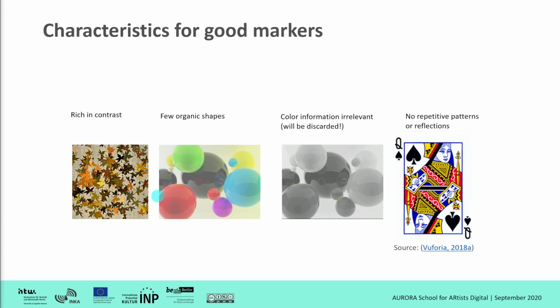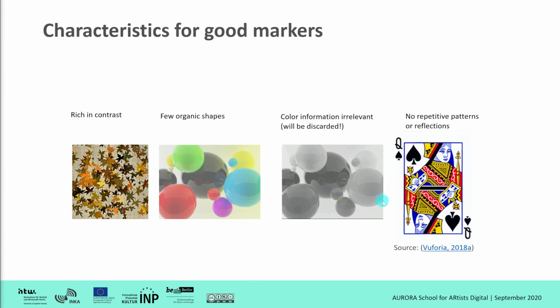On the other hand, colors are not important. So either you have a black and white picture or you have a colored picture, this makes no difference. So you just have to take care that you have a lot of contrast and not so many organic shapes.